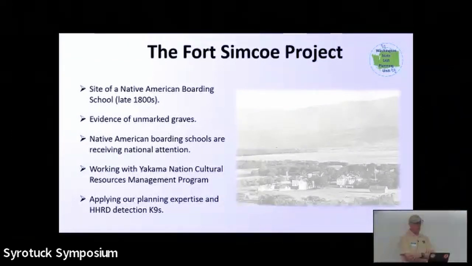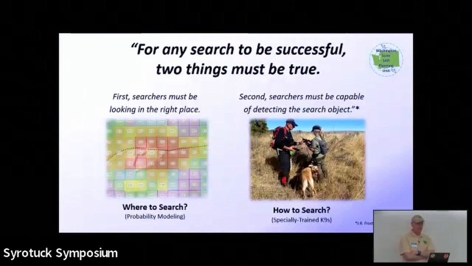And so we're working with the Yakima tribal representatives to see if we can search the Fort Simcoe site. And the way I describe this at a high level is nicely encapsulated with a quote from J.R. Frost. See, for any search to be successful, 2 things must be true.